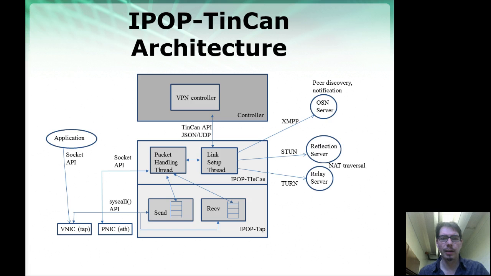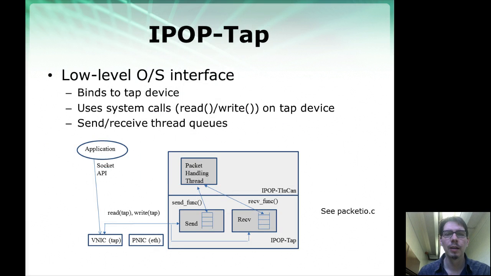So here's a refresh of the tincan architecture that was described last time, and we're going to start zooming in into the lower module here, which is the tincan and the IPOP tap. So as I mentioned in the previous lecture, the low-level interface to the OS virtual network device is handled by the code that deals with reading and writing from the TAP device and buffering this data and eventually passing that along to a packet handling thread in tincan.